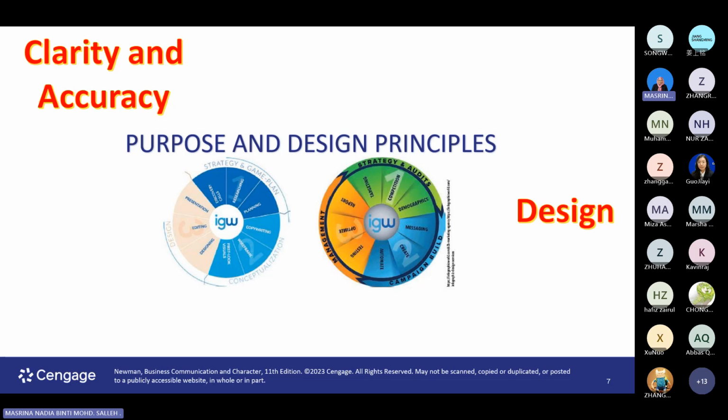Like for this one, under the strategy and audits, the processes are colored with green. And then you can see that there are numbers here. So this is the first process, second and third. The central logo actually demonstrates a very thoughtful design.